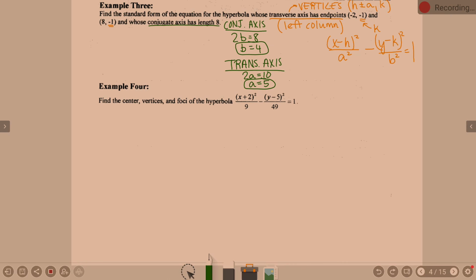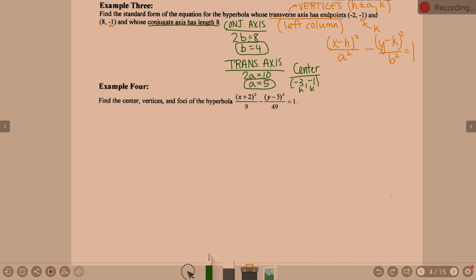And so we can also argue that our center is (-3, -1). And that is your h and k.